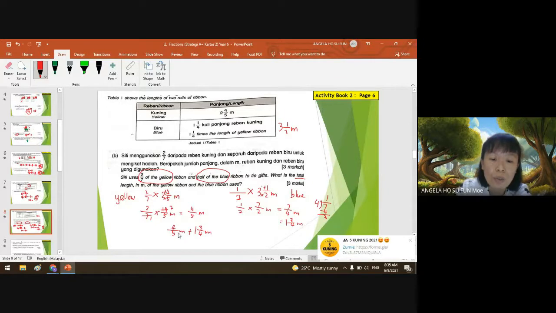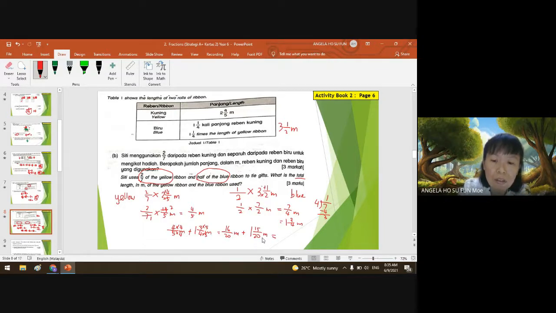So you do this one times 4, changing partner, times 4. This one I'm going to times 5. So I will have here 4 times 4 is 16 over 20 meter, plus 3 times 5 is 15 over 20, because 4 times 5, 5 times 4 is the same, 20.